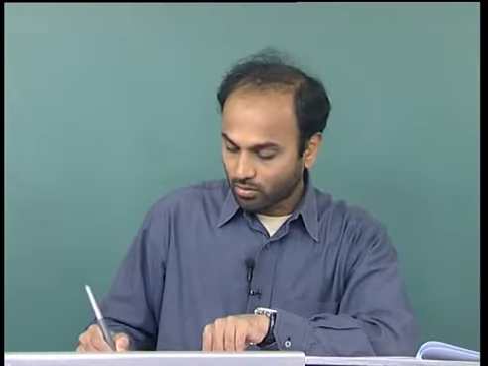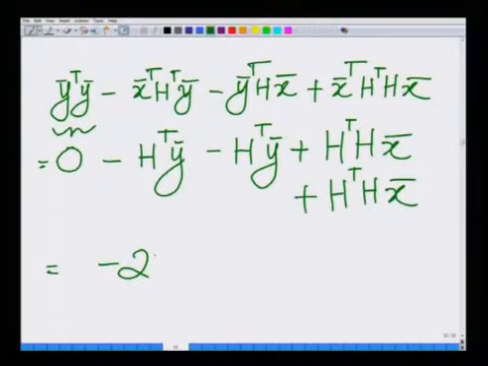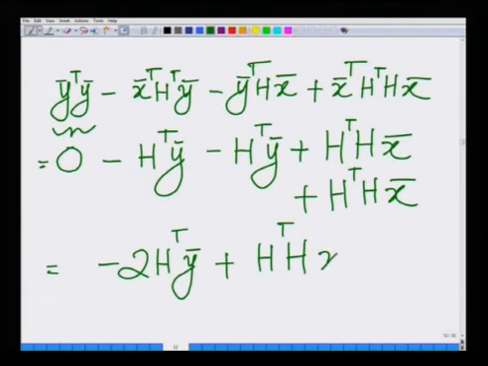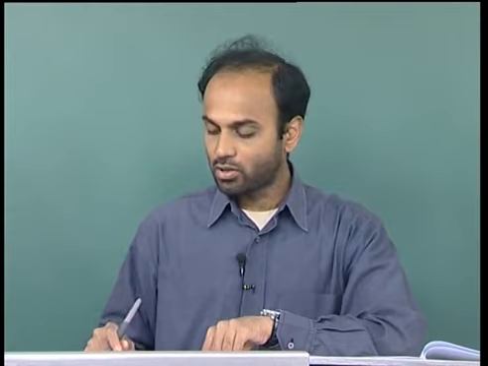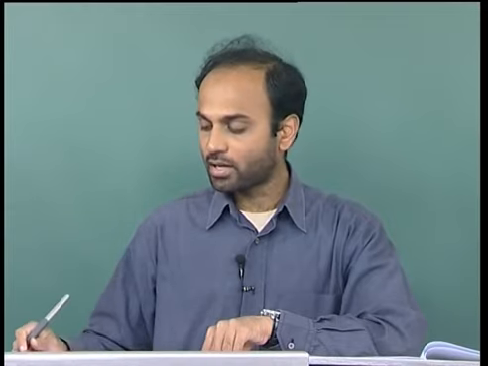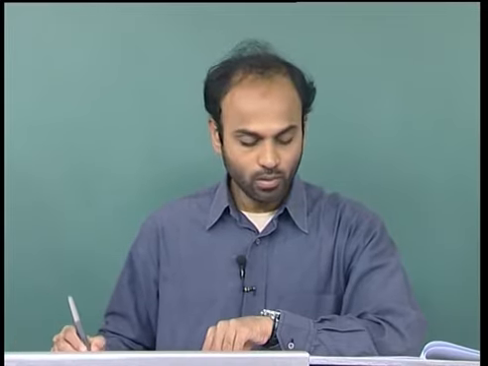Hence, this is nothing but minus 2 h transpose y bar plus 2 h transpose h x bar. So, the derivative of the norm square of y minus h x with respect to x bar is minus 2 h transpose y bar plus 2 h transpose h x bar. All right.